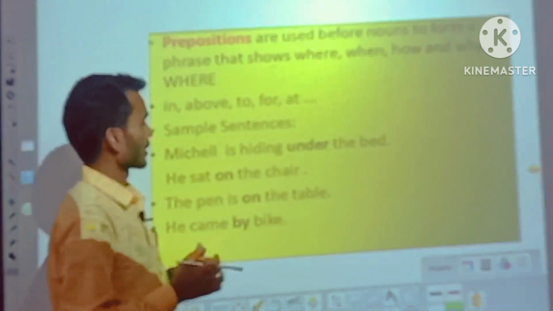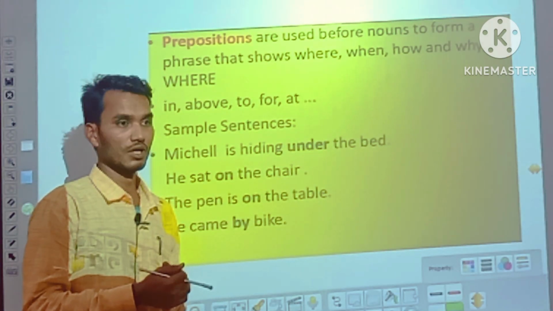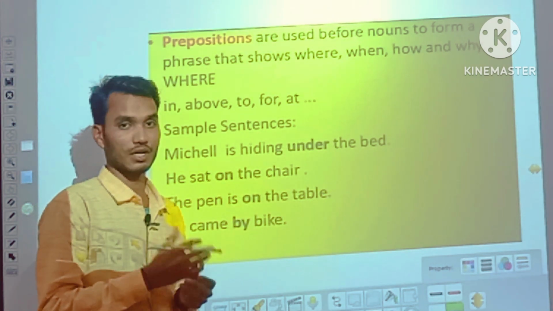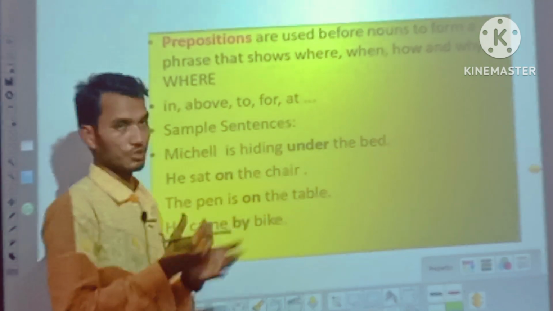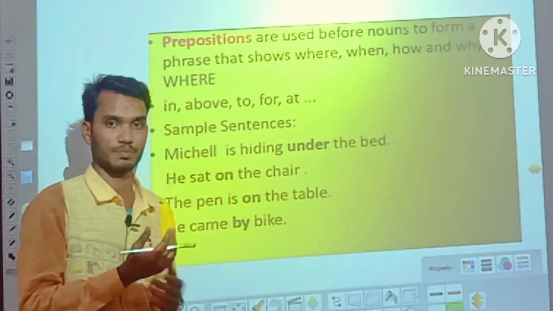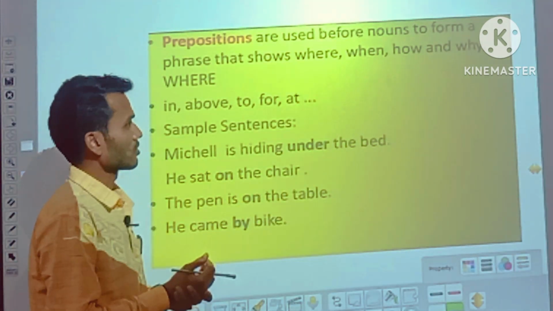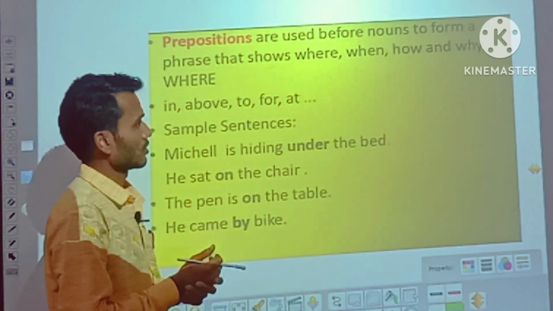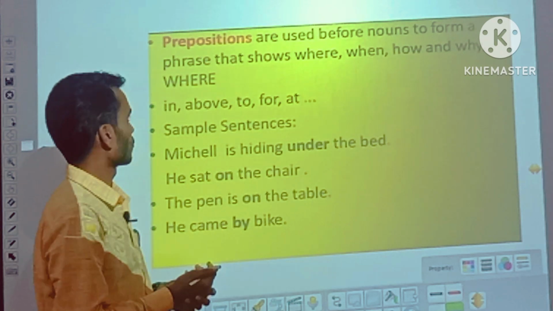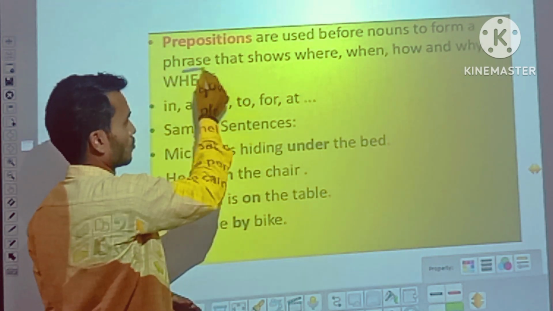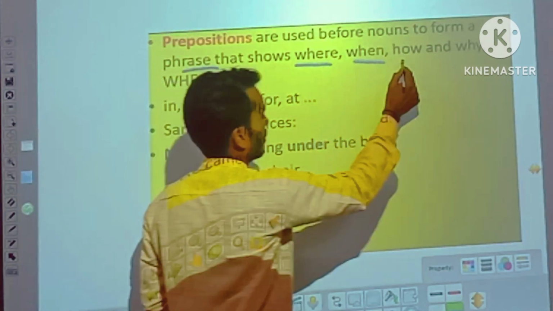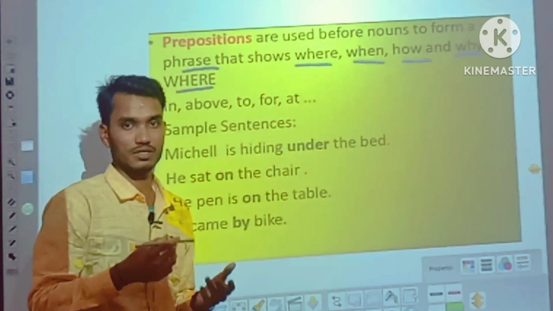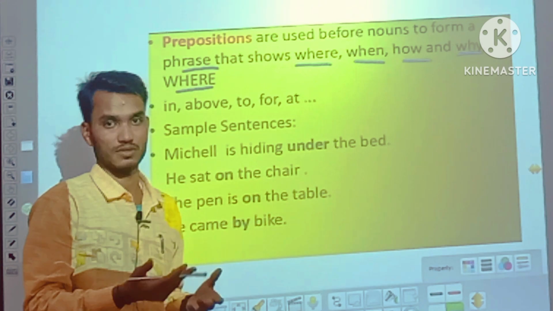Now we will look at another most important and significant component of English grammar, that is the preposition. Preposition is a part of speech in English grammar, and it is very important. We use prepositions before nouns to form a phrase that shows where, when, how, why. So where the action is done, where the subject is.